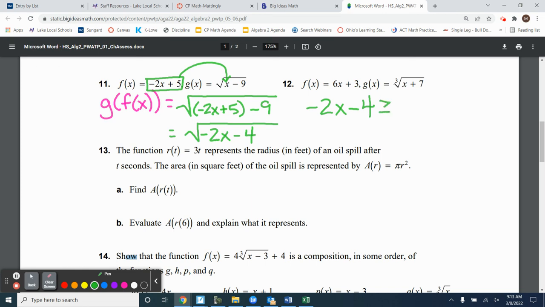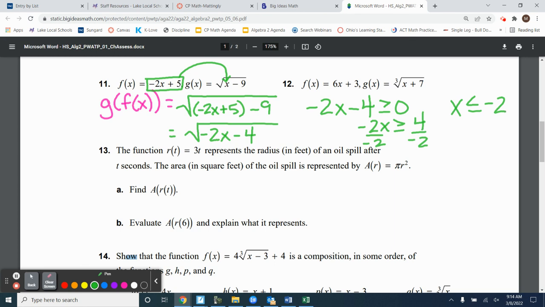So it should be greater than or equal to 0. That's my domain for the x's. So I'd add 4, and then divide by negative 2, what happens? You flip the sign. So it'd be x less than or equal to negative 2.